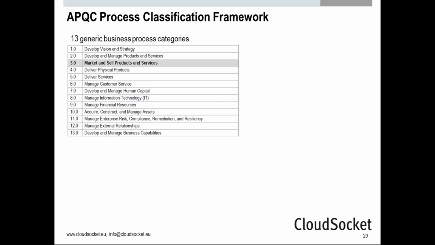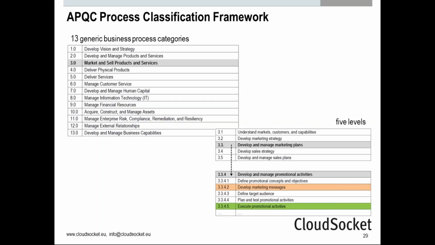These process categories can be specified in more detail up to 5 levels. Here we see that in 3.0 we have 5 subcategories. 3.3 is develop and manage marketing plans, and then we can further refine them up to 5 levels.